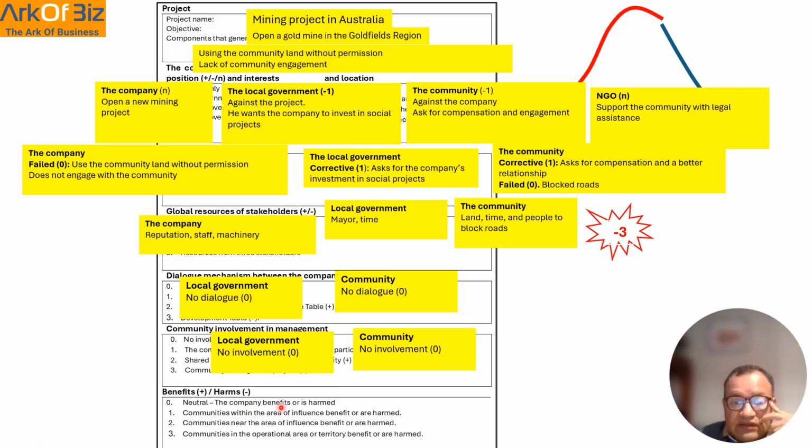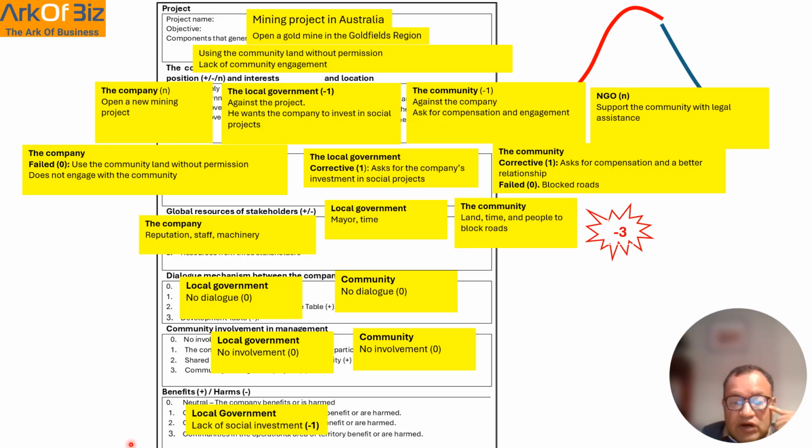So the local government is one stakeholder that maybe receives some damage or harm. Also, the community, as you see, is opposed to the company, so it is negative here, and the NGO doesn't receive any damage or benefits. So that's why we have two elements.